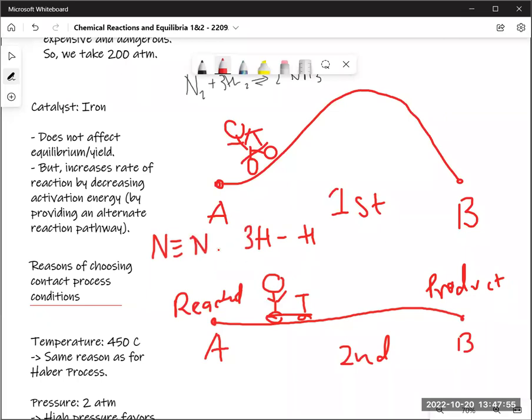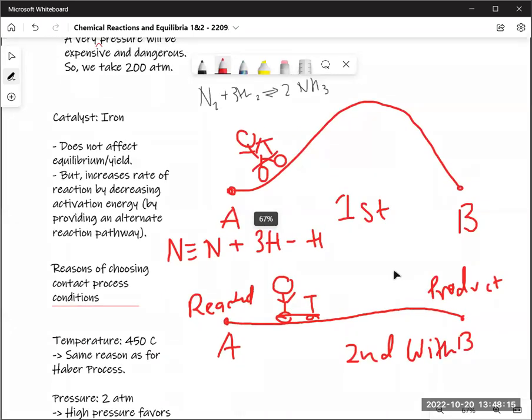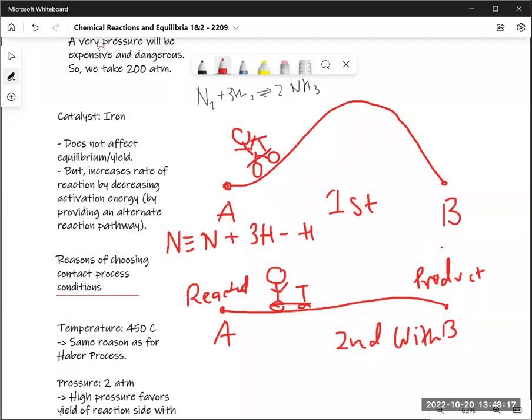Now I have 3 of these, and I have to react them. There are some ways to join them together, the second route compared to the first one. You can do it in both ways, but the second route, with a catalyst, is easier. So if something is easier, that will require less energy.